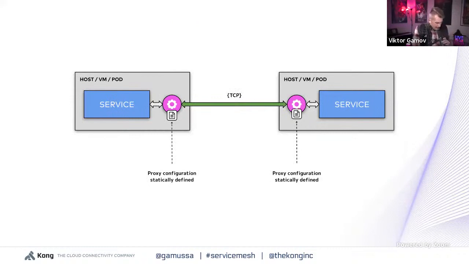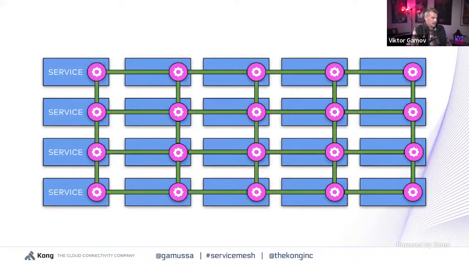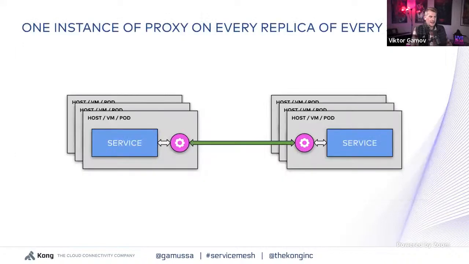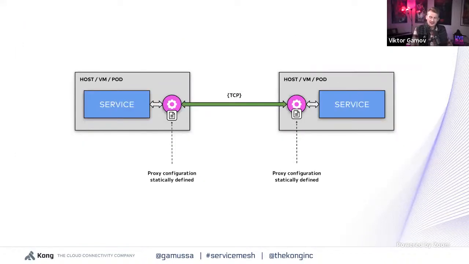Now, it's all good, it's all nice, we have proxies, and remember, we're running multiple services. Now we need to configure communication between the services, since we built some sort of network of our services. I don't want to say mesh just yet. In order for traffic to flow smoothly, we need to update configuration.